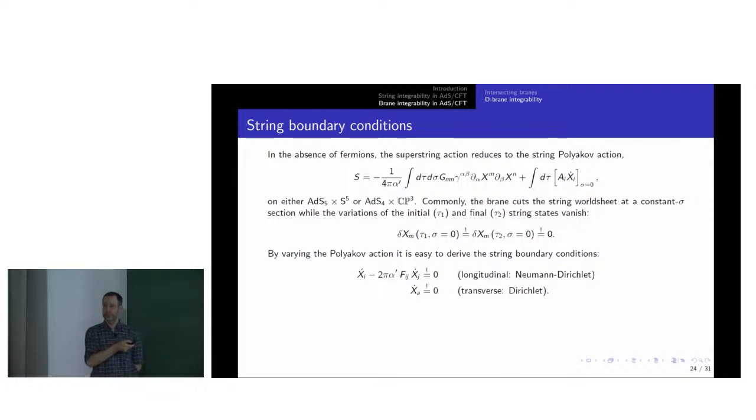So the boundary conditions were obtained from the Polyakov action with a boundary term when we vary it. So these are all the boundary conditions that there can be with this condition on the boundary. And these are all integrable.